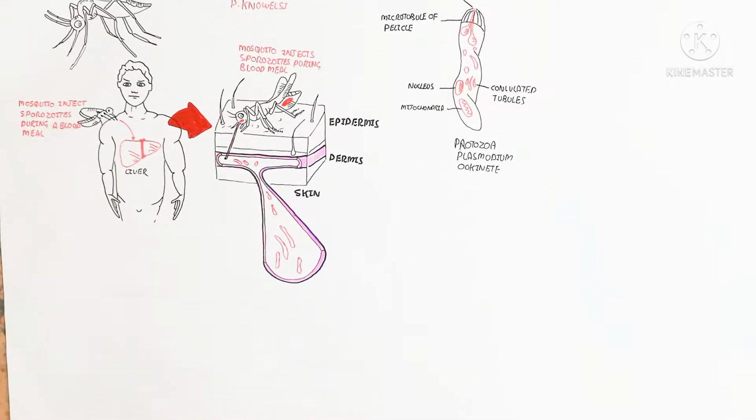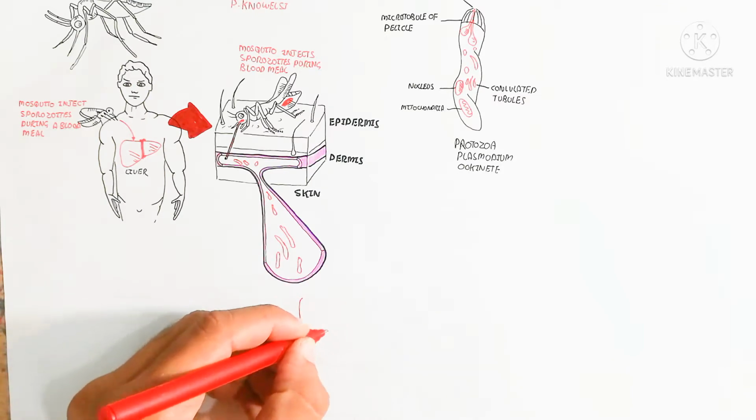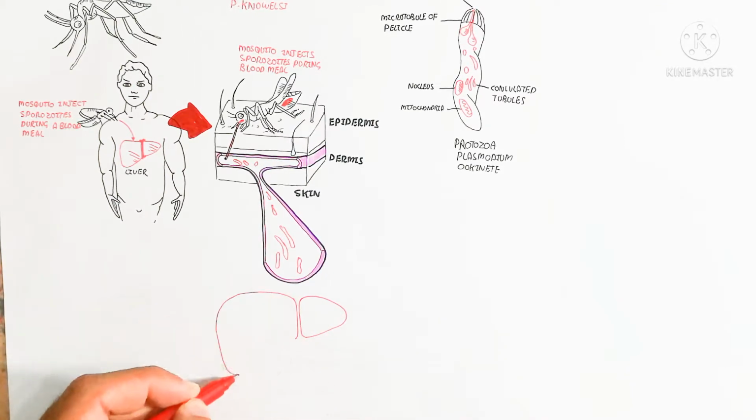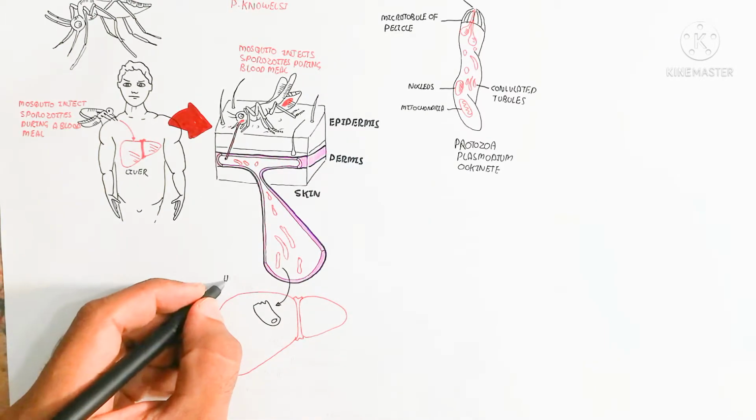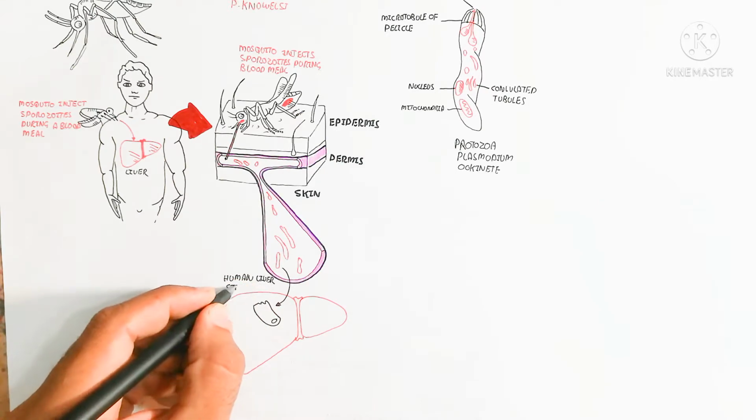Next we will discuss the human liver stage, which is known as the exoerythrocyte cycle, meaning it occurs without the erythrocyte.